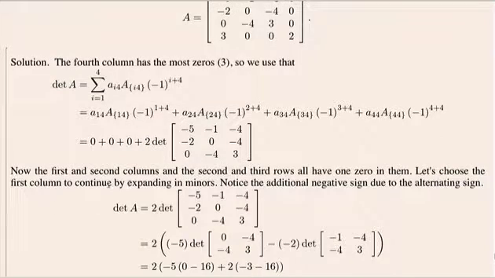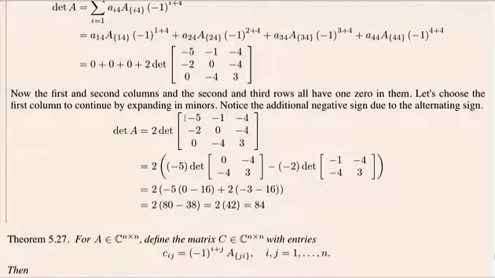Let's choose the first column to continue expanding in minors. Notice the additional negative sign due to the alternating sign. Previously we had -1 to the 8, which is positive. So we still have this 2, and then the determinant of the 3 by 3 matrix.